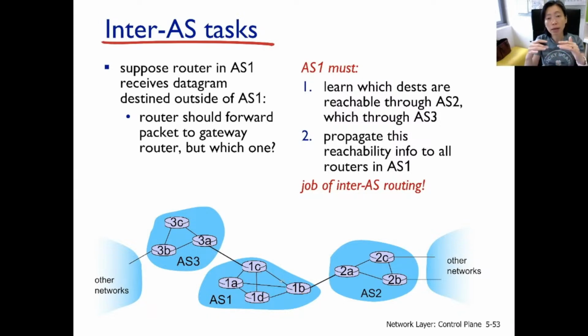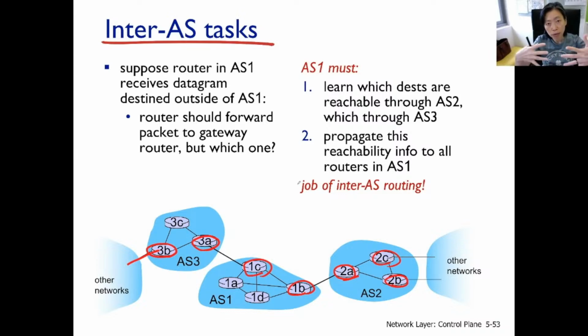Now, at a higher level, at the inter-AS routing level, so we have these gateway routers. 1C and 1B are the gateway routers of AS1. 3A, obviously a gateway router for AS3. But you see here, 3B having also connectivity to outside to another AS. 3B is also a gateway router for AS3. Similarly, 2A, 2B, 2C all have links to outside to other ASs. So they are also gateway routers.